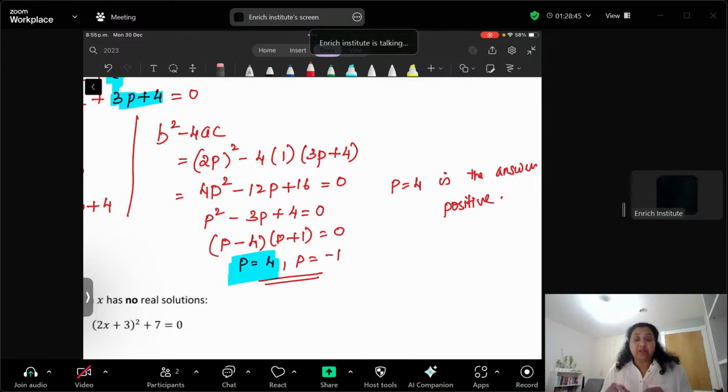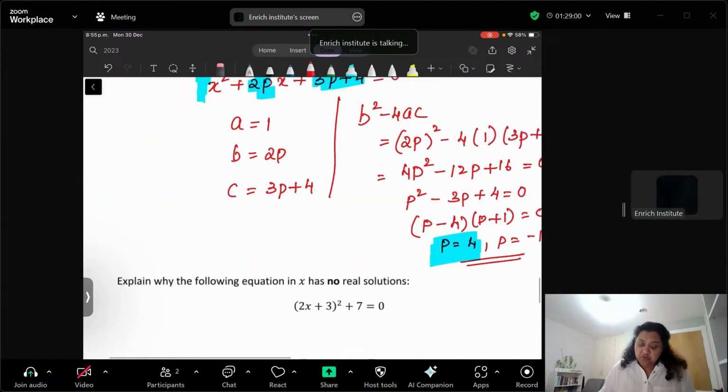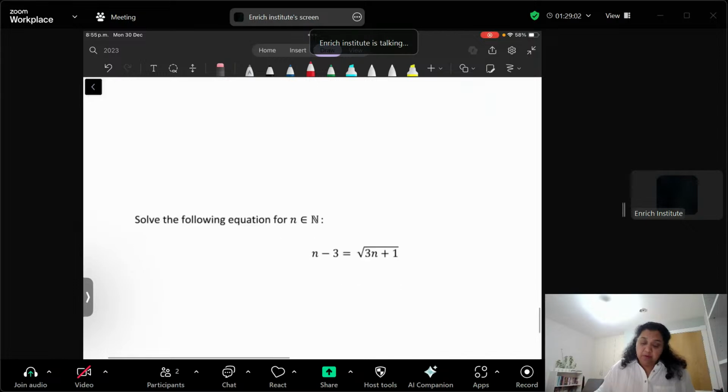You have to write it down explicitly. This has 1 mark. If you don't write this, you will lose 1 mark. But if you write an explanation that this is the answer which you choose, you will get the full marks. These are small tips which you can improve upon.